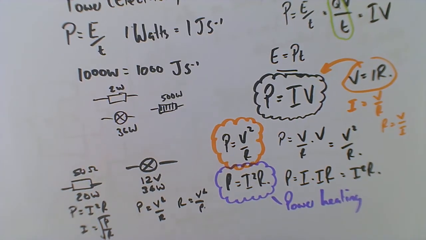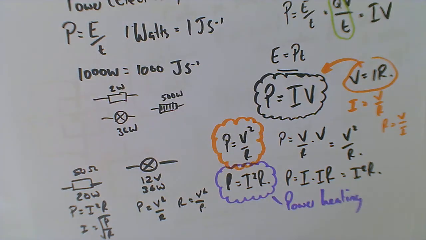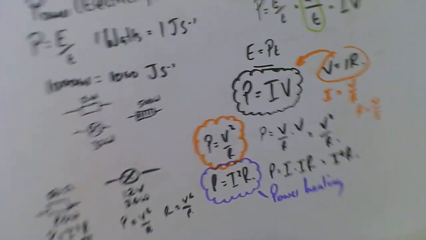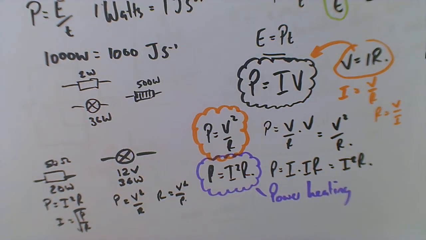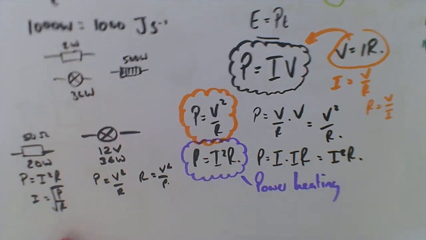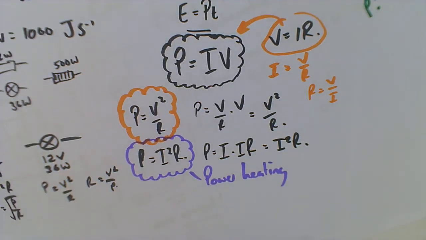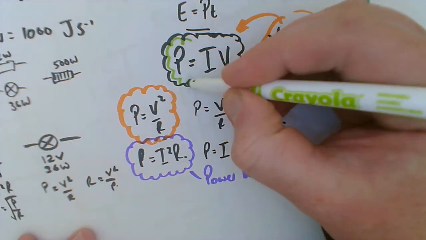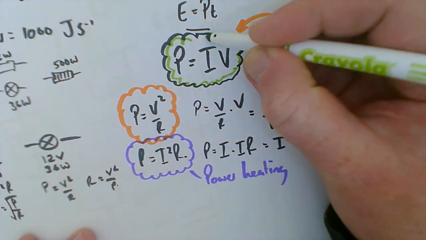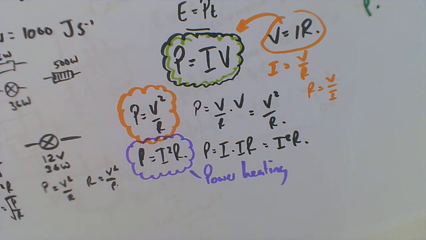So 1 watt is 1 joule per second through an electrical appliance. We can use E equals PT, but in more circuit analysis we would use these 3 formulas. P equals IV, and we'll get from it what we can.